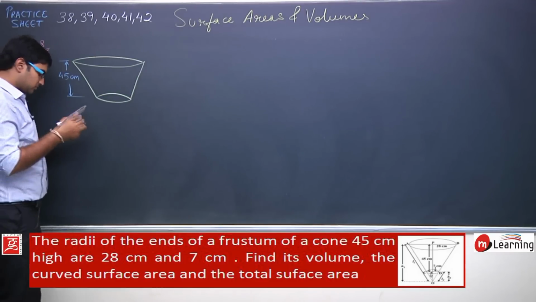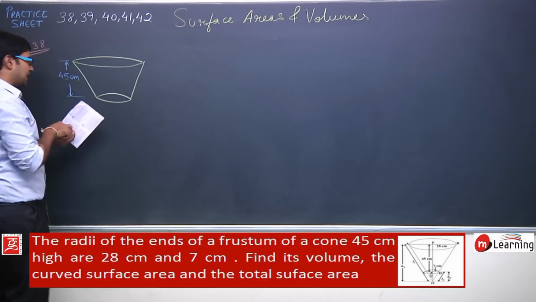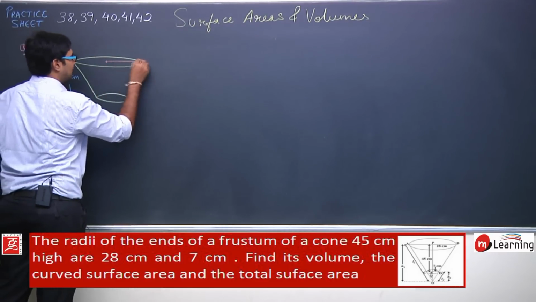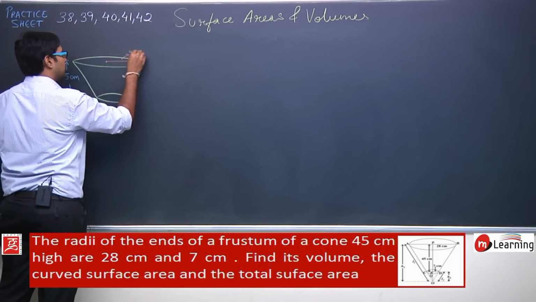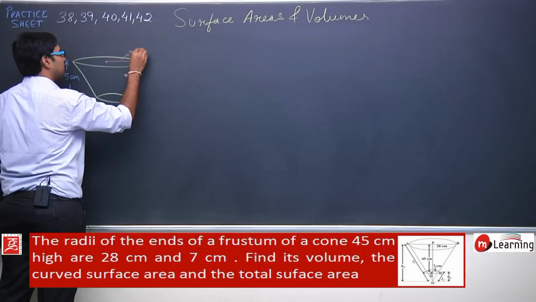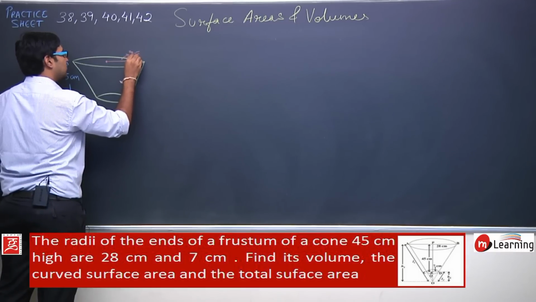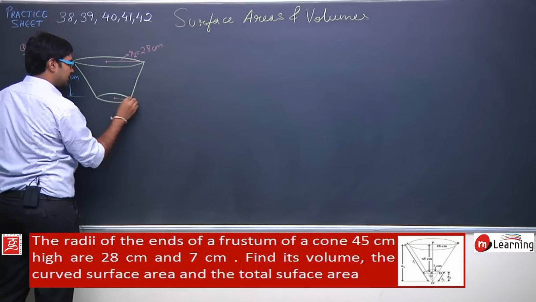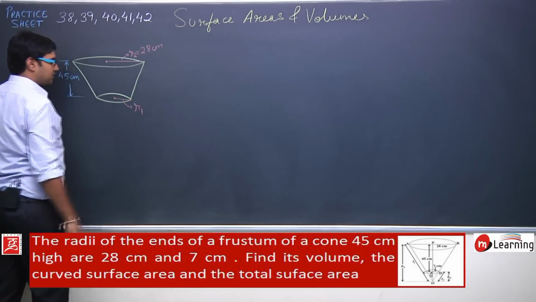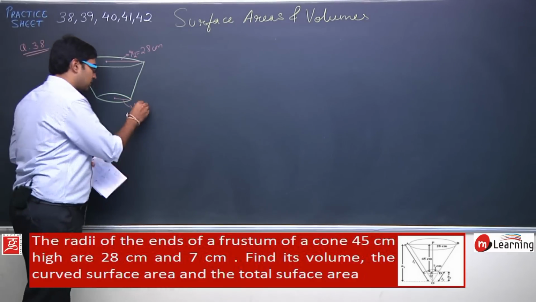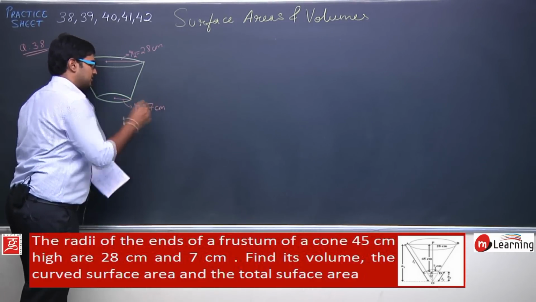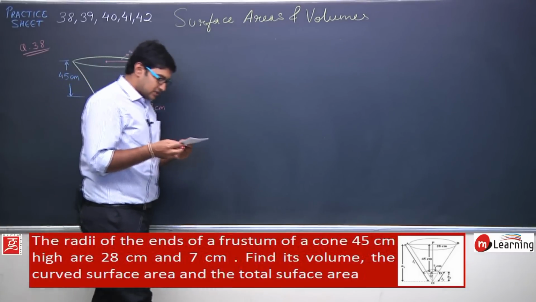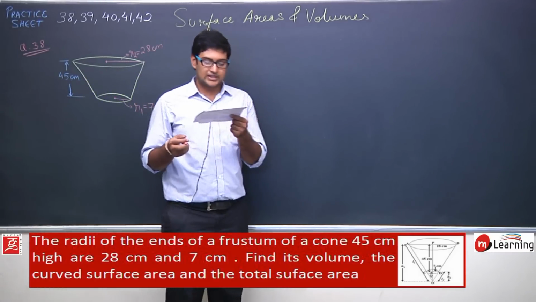Further, its radii are given: let us say this is r2, which is 28 centimeters, and this is r1, which is equal to 7 centimeters. So this is the detail that is given in this question.